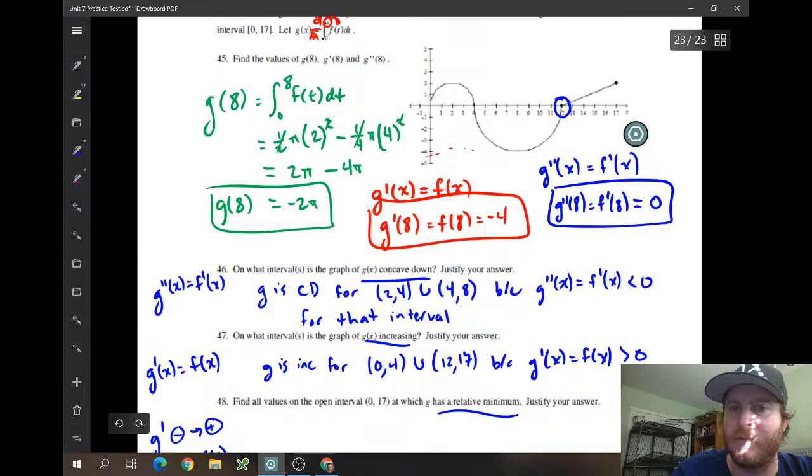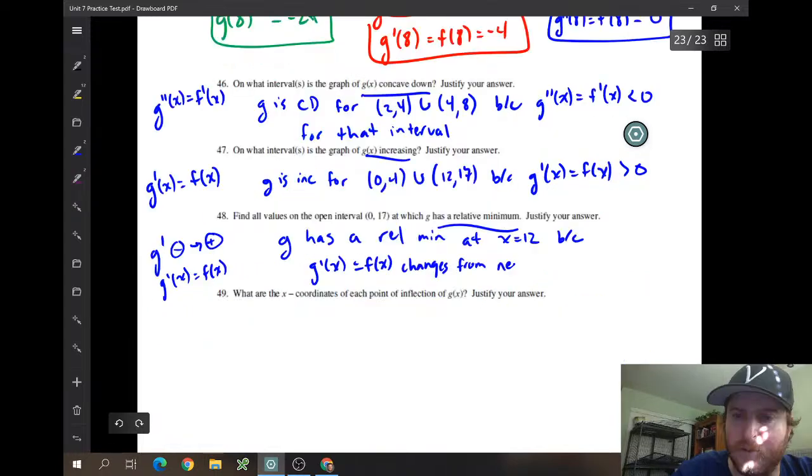So g has a relative minimum at x equals 12 because g prime of x equals f of x changes from negative to positive at x equals 12.